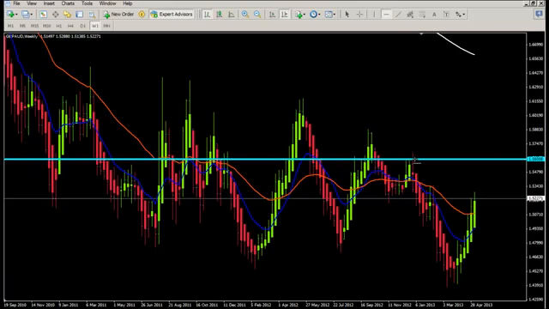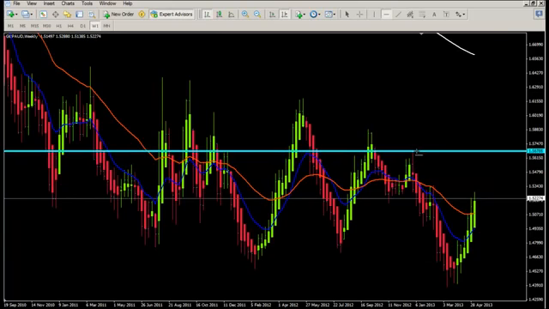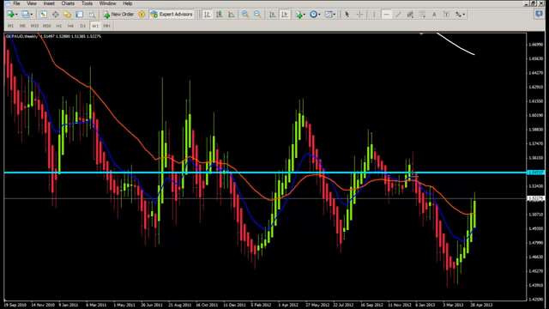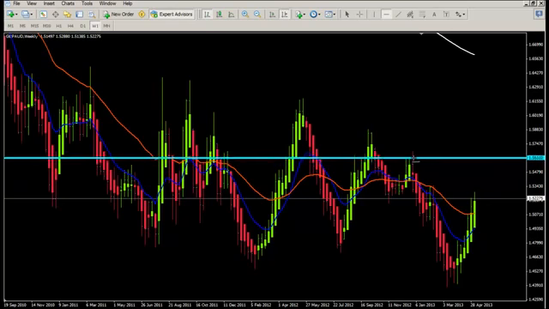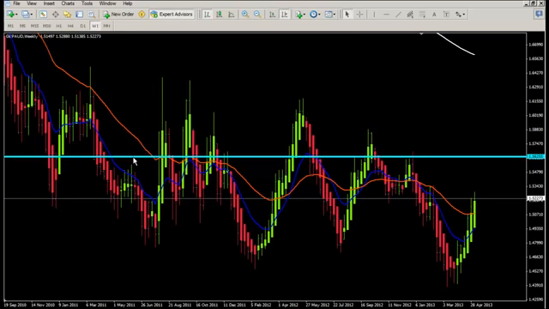So we don't put our horizontal resistance lines at the top of a peak or the middle of the body, but something in between. So I would say we leave it right here. That's the 1.56 area. We have touches here and here, a little bit here, there, and also here it moved a little bit away, but you get the point.